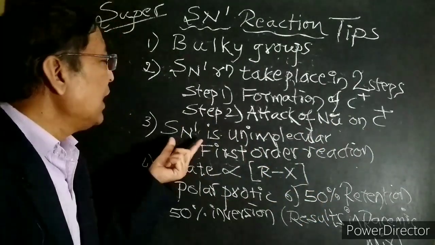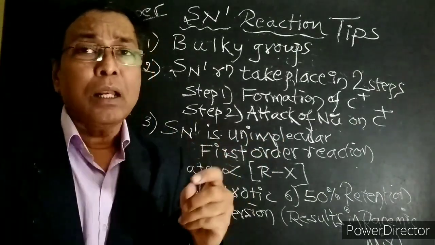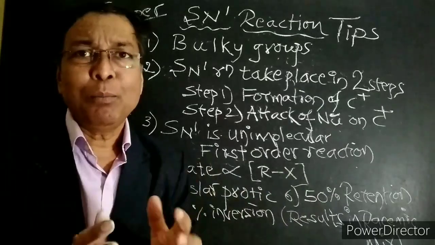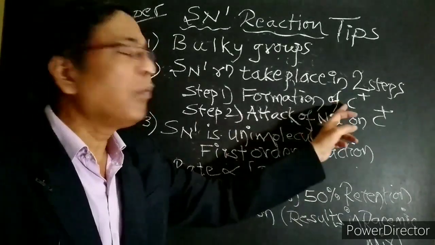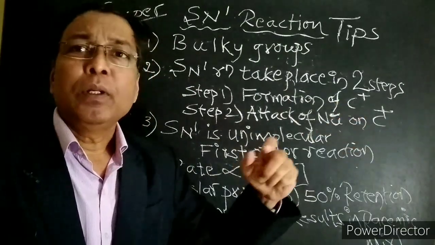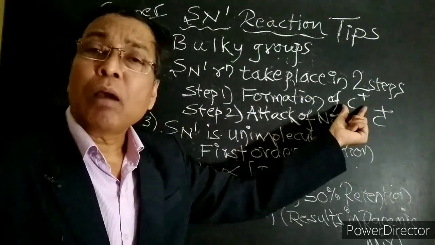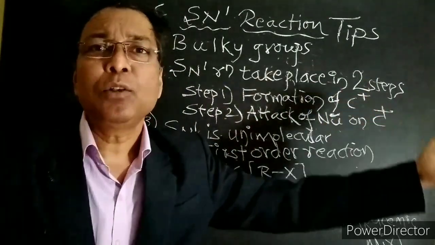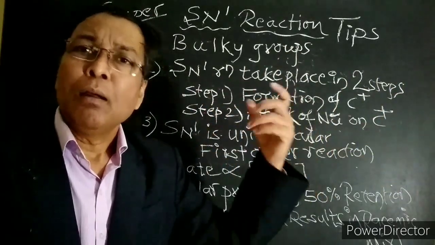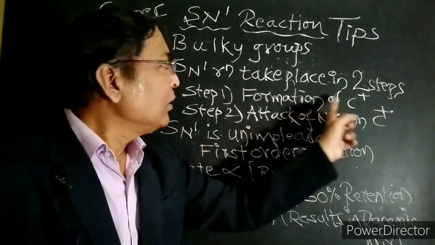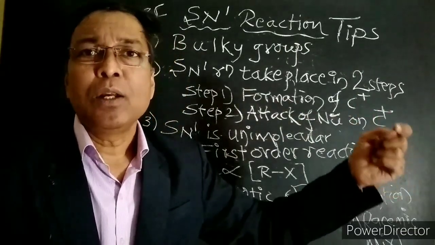The next point is the SN1 reaction is a unimolecular reaction because the rate of the reaction, rate means the formation of the product, depends upon the number of carbocations. If 1000 tertiary butyl bromide are used, 1000 carbocations are formed. As a result, we get 1000 products. If we use 2000 tertiary butyl bromide, we get 2000 carbocations and we get 2000 products.